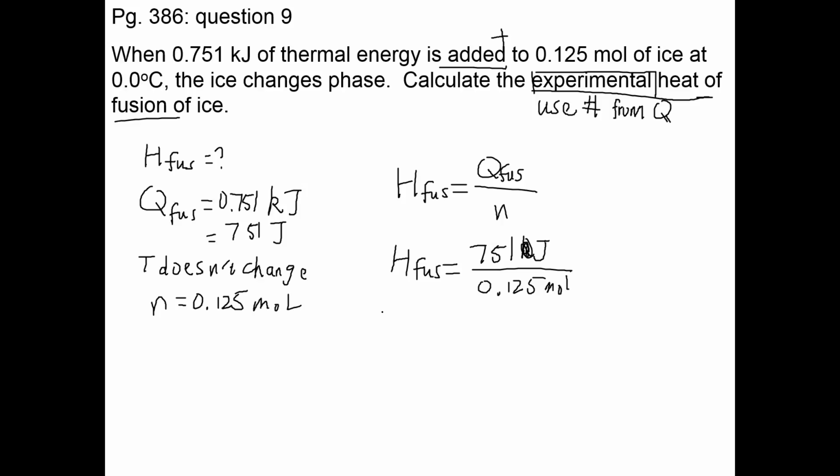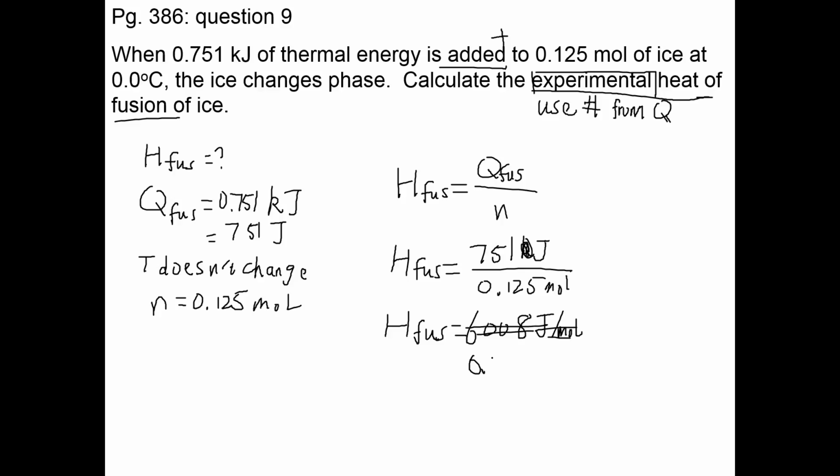We plug that into the calculator. 751 joules divided by 0.125, and I got 6,008 joules per mole. But this is the wrong sig dig, so we should correct it to the correct sig dig, which is 3.